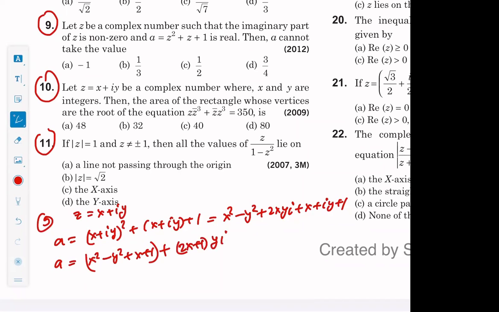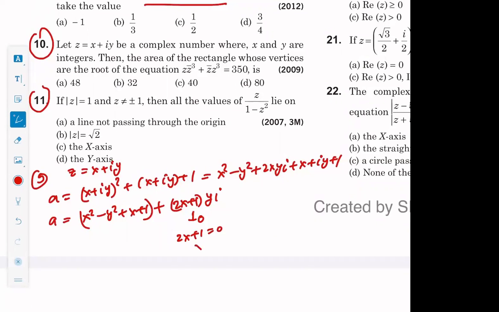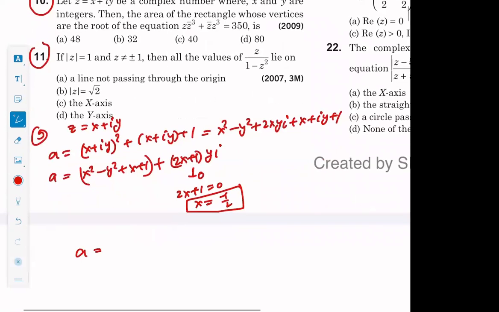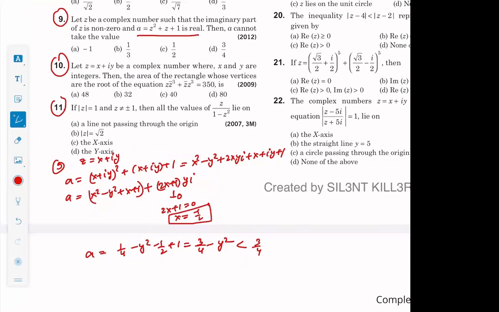Now see, it is given that z is non-zero and this one is real. So since it is real, make the imaginary part equal to zero. Then 2x plus 1 will be zero, that is x will be minus half. So a will be 1 by 4 minus y square minus half plus 1. So this will be equal to 3 by 4 minus y square, so this will be less than 3 by 4. So a will take all real values less than 3 by 4.